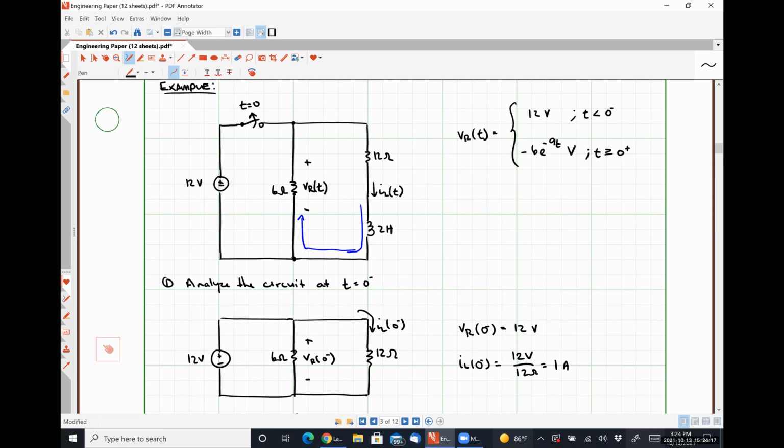So effectively, what I am saying here is that if the current flowing through the inductor decays exponentially, Kirchhoff's current law tells us that the current flowing through the resistors connected to the inductor has to also decay exponentially, because Kirchhoff's current law needs to be satisfied.